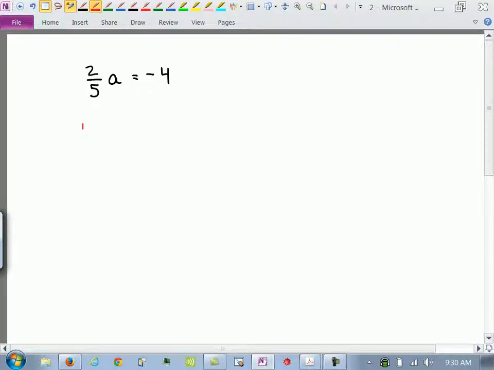So if I choose to divide by 2/5, then what I'm going to get is this. I'll have my 2/5 A equals -4. Now I'm going to divide both sides by 2/5.